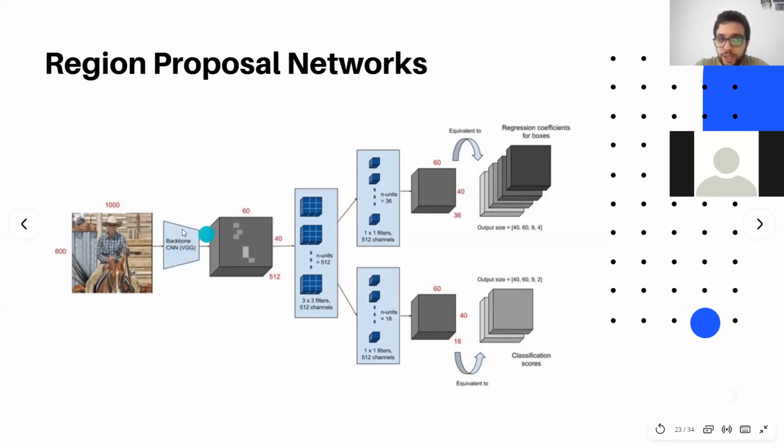We take the image, we use the same backbone for Fast RCNN to extract these feature maps. And then from the feature maps, we will be sliding a new set of, let's call them anchors. We will be sliding a set of anchors through the feature map to try to detect whether this point in the feature map corresponds to an object in the image.